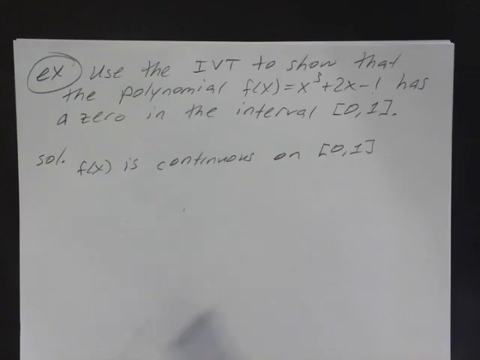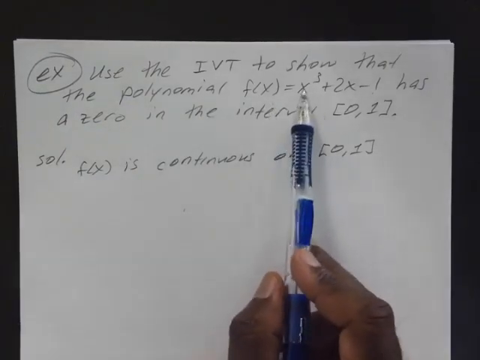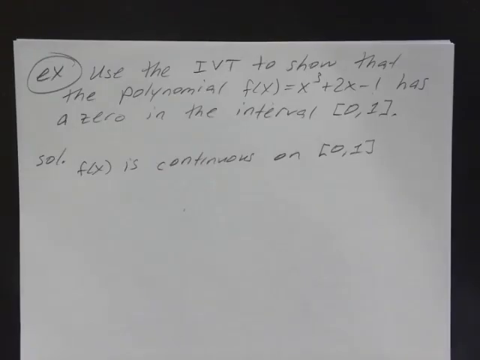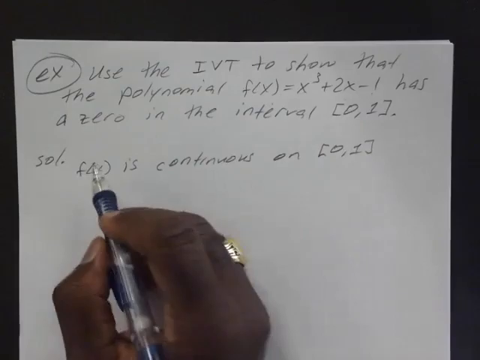Now, sometimes they'll throw one at you and instead of x to the third power, you might get f of x equals x to the negative 2 power from the interval from -1 to +1. Well, you know it's undefined at x equals 0, so it would stop it right there. You wouldn't be able to use it. Okay, but with this one, it is continuous, so you can use it.